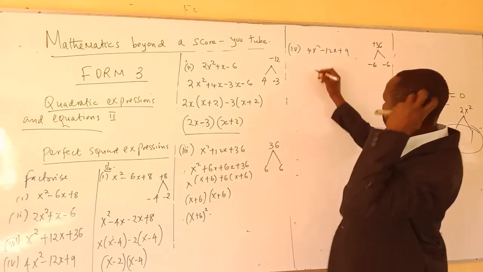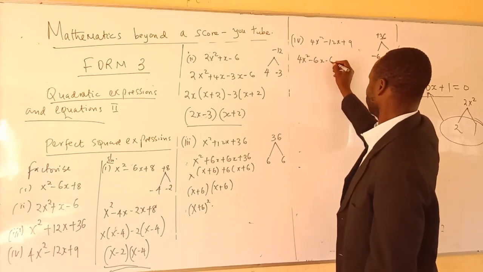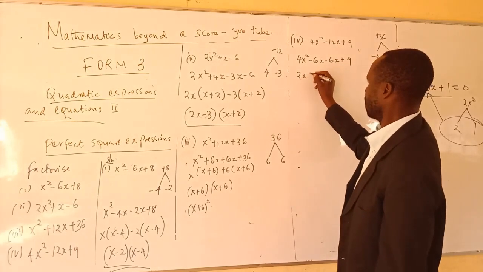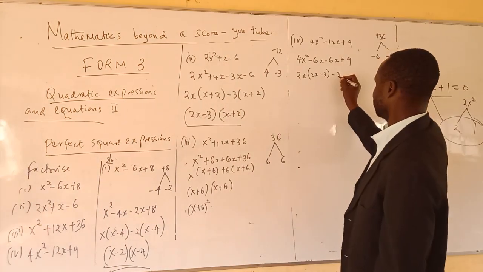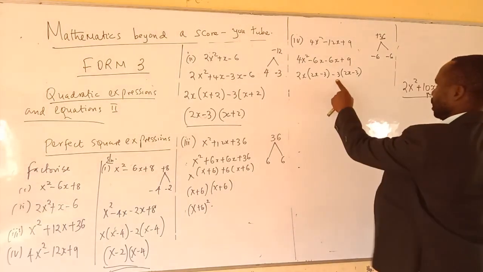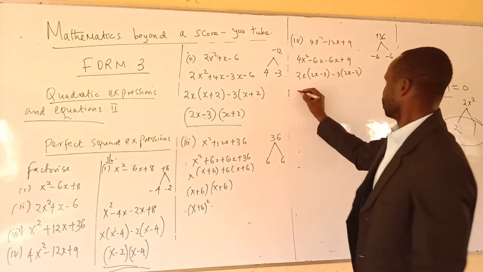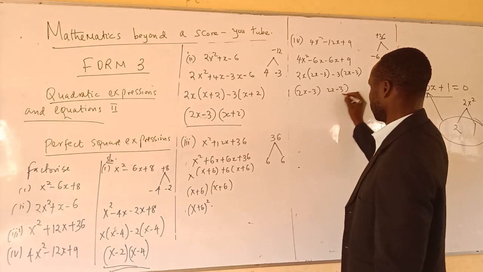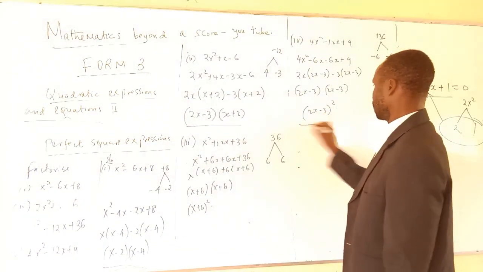So we have 4x² - 6x - 6x + 9. Here goes 2x(2x - 3) - 3(2x - 3), like that. So we have (2x - 3)(2x - 3), which is (2x - 3) squared, very nice.